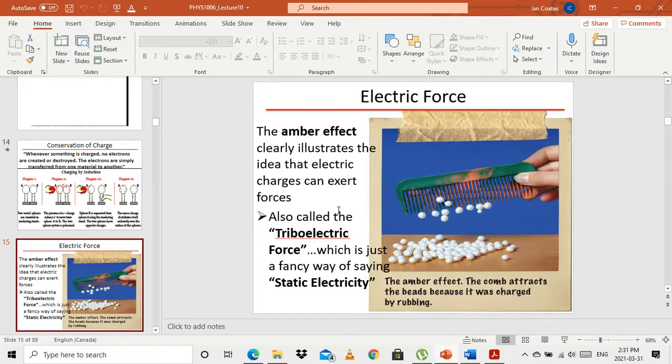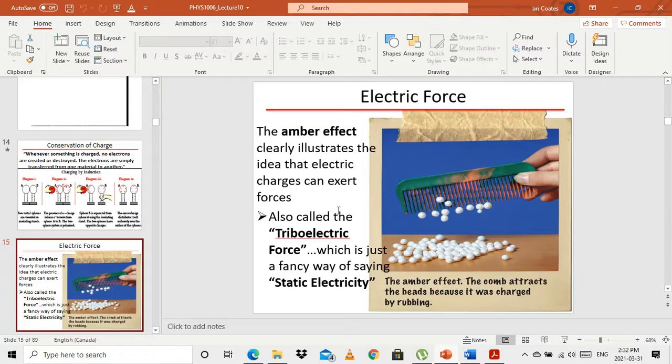The amber effect. This actually came from ancient times. I think it was the Greeks who noticed that if you take a piece of amber, a tree sap, sometimes they'll still have bugs and stuff trapped in them. They're like in Jurassic Park, but it's a piece of tree sap that's 1,000,000 years old.